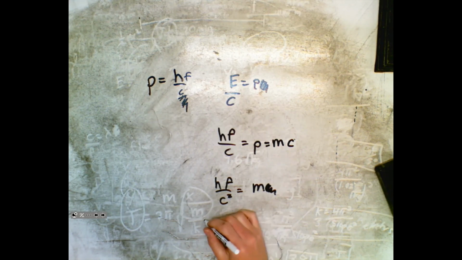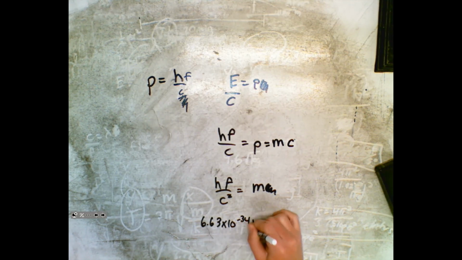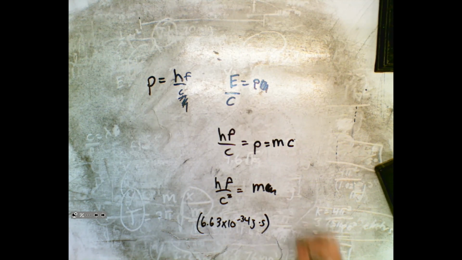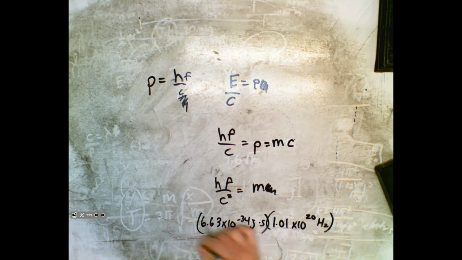Okay, so we want to stick with joules, so 6.63 times 10 to the negative 34 joule seconds. And the frequency they gave us in the question is 1.01 times 10 to the 20 hertz. And then we'd have to divide it by the speed of light squared. And we can find the mass, again, doing air quotes.